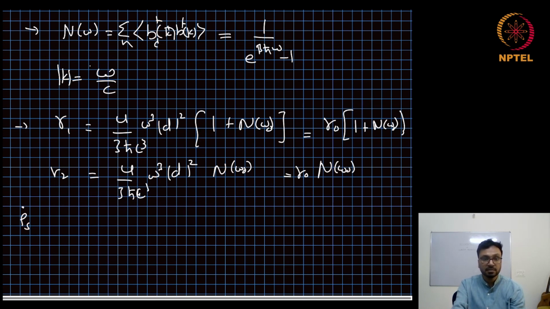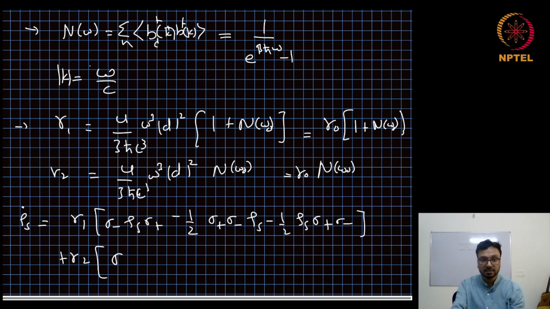And the Lindblad equation can be written as gamma 1 times [sigma minus rho s sigma plus minus half sigma plus sigma minus rho s minus half rho s sigma plus sigma minus] plus gamma 2 times [sigma plus rho sigma minus minus half sigma minus sigma plus rho s minus half rho s sigma minus sigma plus].